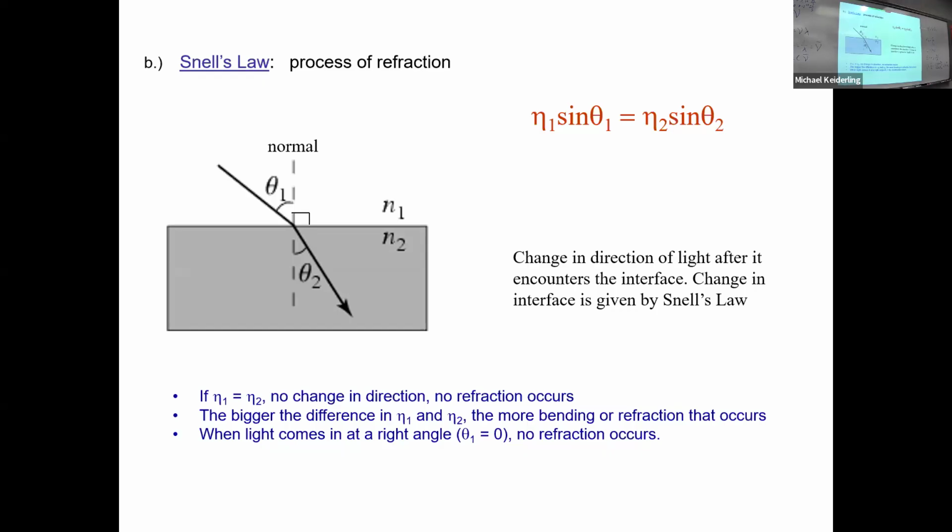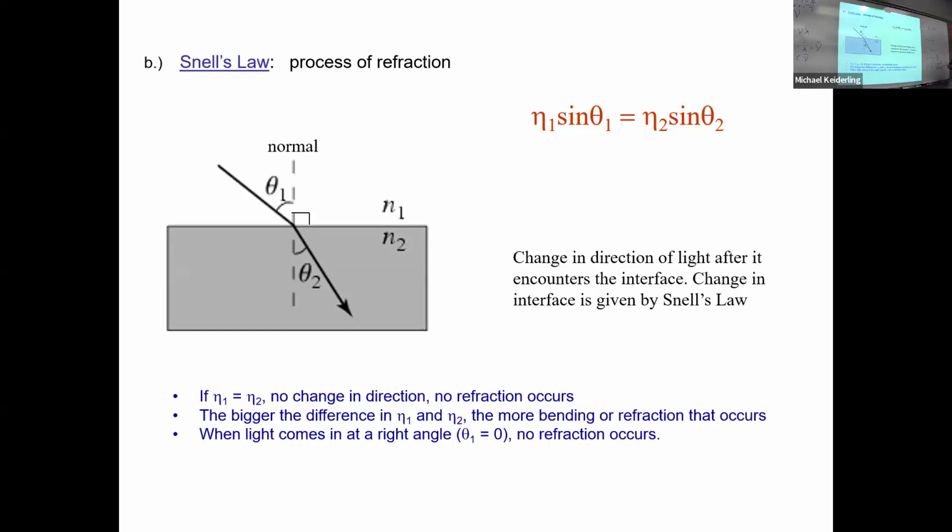It does total internal reflection, but because reality is messy, a little bit bleeds into the sample immediately above, and so there's a little bit of absorption. The bigger the difference in the two indices of refraction, the more bending occurs. And when light comes in at a right angle, perpendicular to the surface, theta is 0, so no refraction.